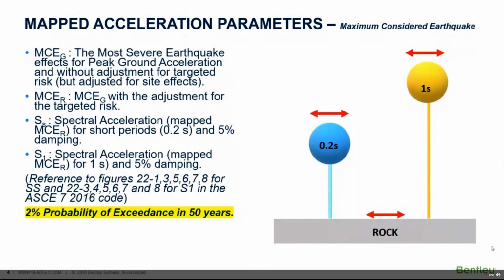Number two, based on the risk category, you also need to determine the importance factor of the structure from table 1.5-2. And finally, number three, the seismic design category, determined from table 11.6-1, which depends on the risk category and the value of SDS.